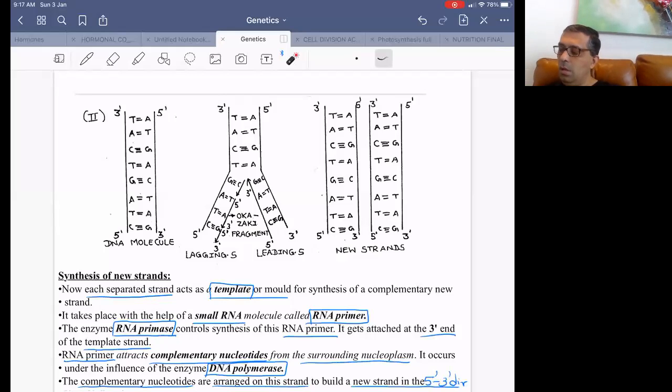Let's see this diagrammatically so you understand this properly. Check this here.